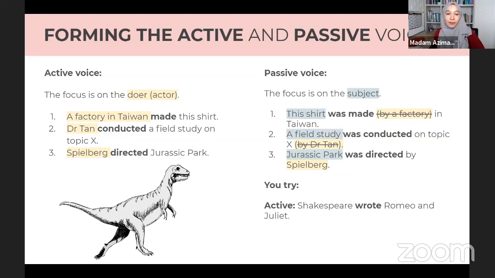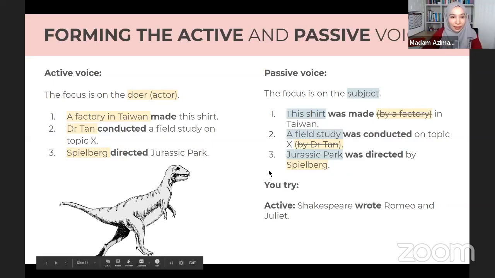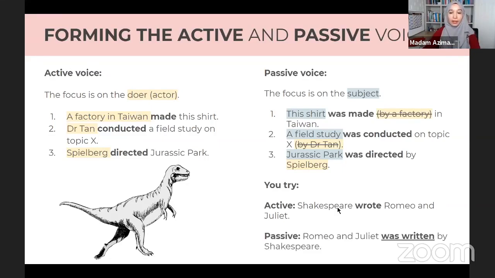Sure you are. So that's the active. Now I want you to change that into a passive voice. Romeo and Juliet was written by Shakespeare. Why not were written? Because Romeo and Juliet is a play. So it's one title. It's a title of a play. Okay, very good. Was written. Remember the formula? Verb 3 or past participle.